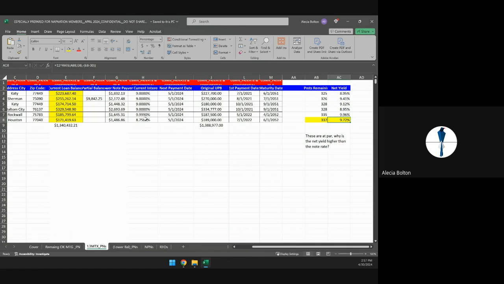In this particular case, this is a 30-year mortgage. They're in, I don't know, there's been like a year and a half of payments. But if you look at how much the current loan balance is versus what the original UPB was, you know that they've been making extra payments.